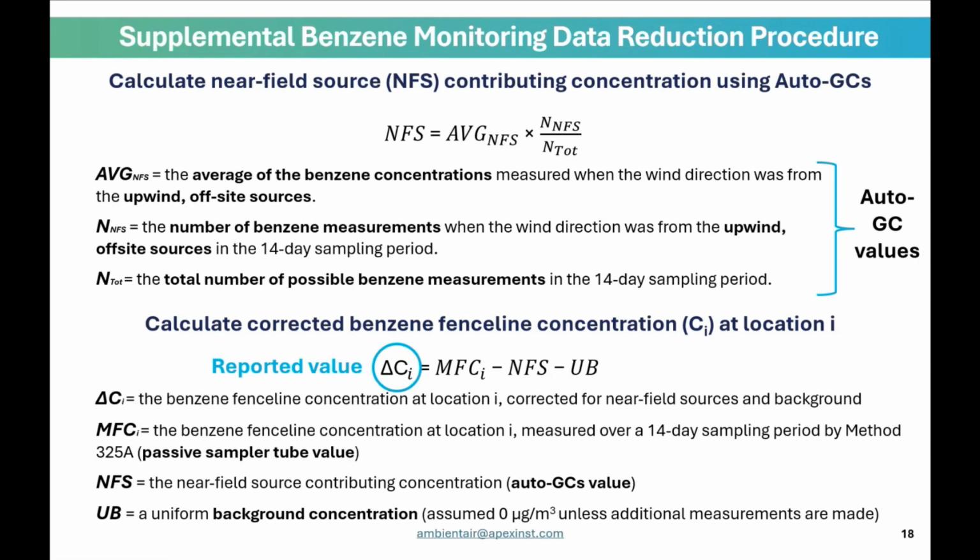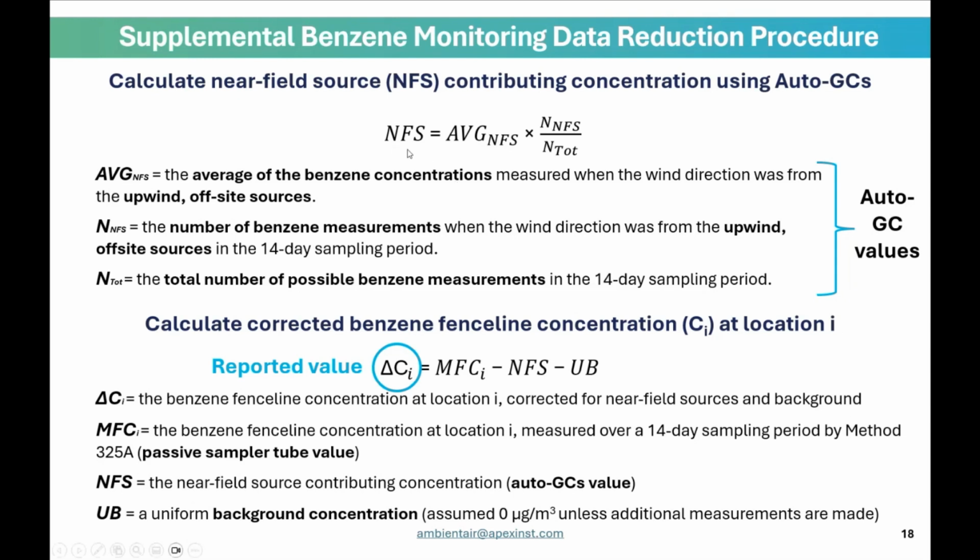This involved determining the average of the benzene concentrations measured when the wind direction was from upwind offsite sources, and then multiplying that by the number of benzene measurements when the wind direction was from upwind offsite sources in a 14-day period, and dividing that by the total number of possible benzene measurements over that same 14-day period.